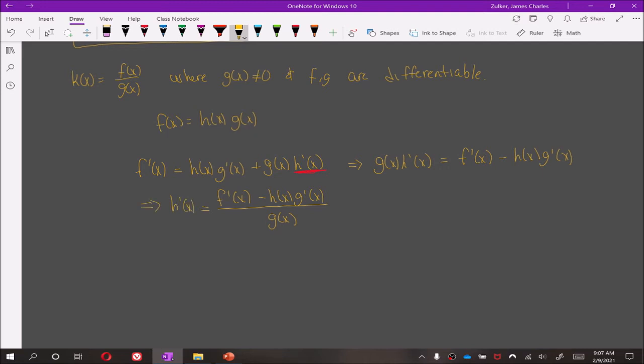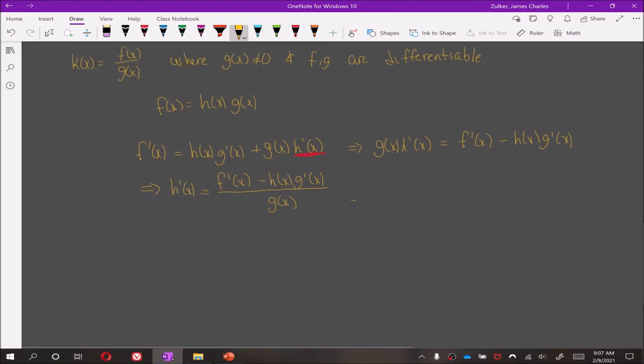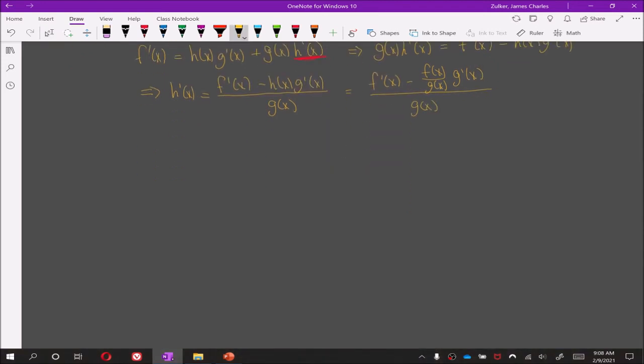Now what we have to do is we have to replace h of x with this f over g. So this equals f prime of x minus f of x over g of x times g prime, that is all over g. We have to find a common denominator, so we have f prime times g minus f times g prime.